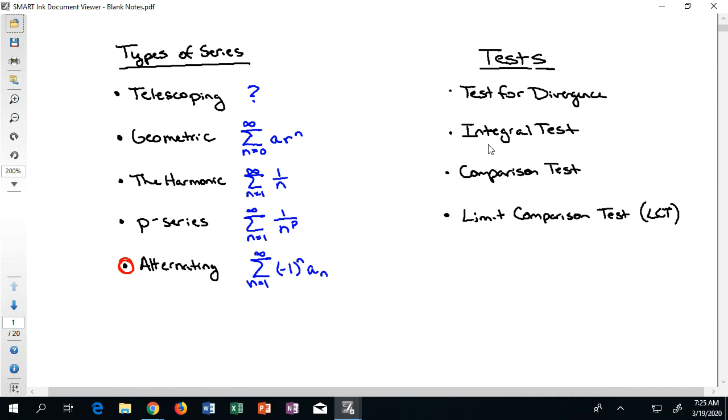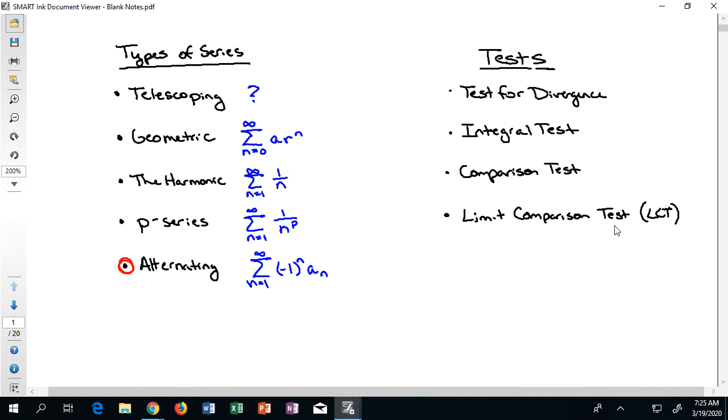But that key idea of positive implied that the series only had positive terms. The comparison test required that we definitely had non-negative terms. So we were allowing zero, but ultimately we needed things that were positives or zeros. And in the limit comparison test, we couldn't even have zero. We must have had positive terms.